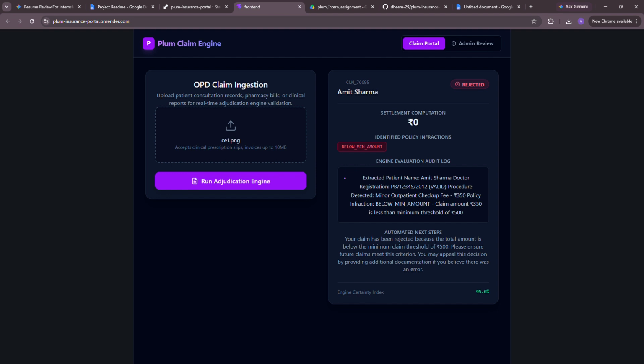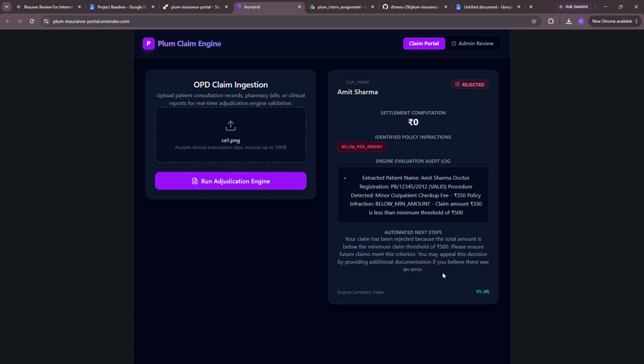It also gave the reason: your claim has been rejected because the total amount is below the minimum claim threshold of rupees 500. Please ensure future claims meet this criteria. You may appeal this decision by providing additional documentation if you believe there was an error. All of this seems very genuine.